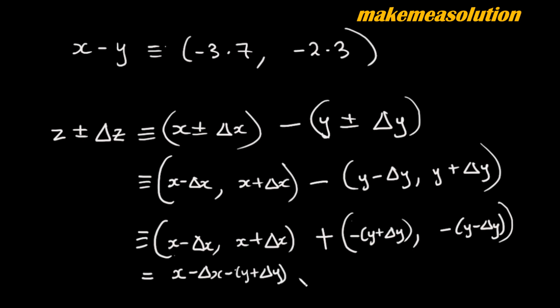Okay, in a big bracket, then over to I have x plus delta x, and what will I have over here? So I have minus y minus delta y. Is that okay?